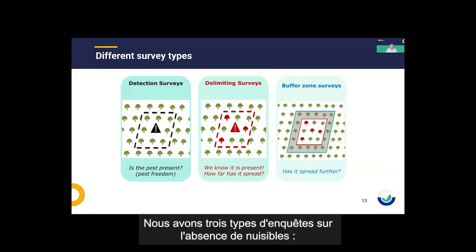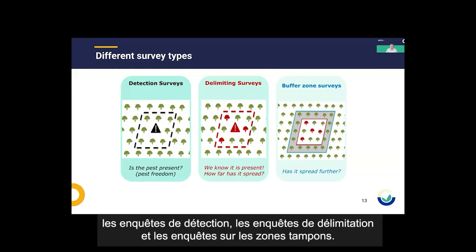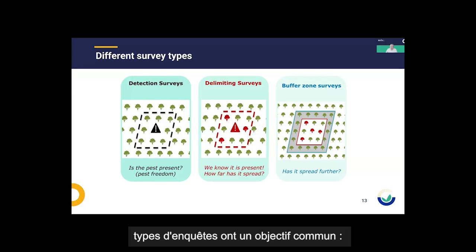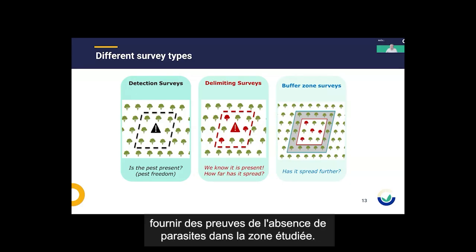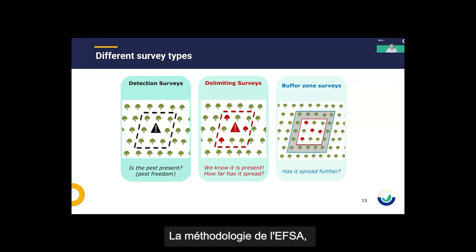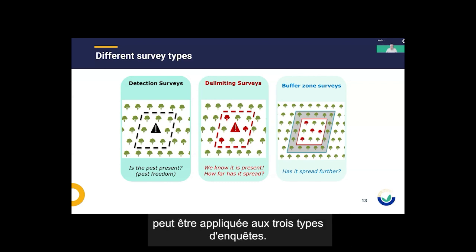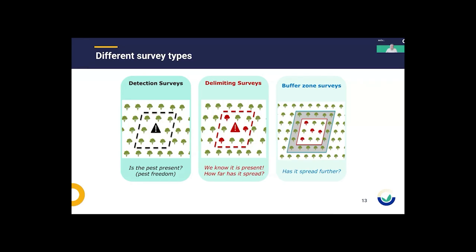We have 3 main types of pest freedom surveys: detection, delimiting, and buffer zone surveys. All 3 survey types share a common goal: to provide evidence of pest freedom in the survey area. And the EFSA methodology, including the RiPEST tool that we will see later, can be applied to all 3 survey types.